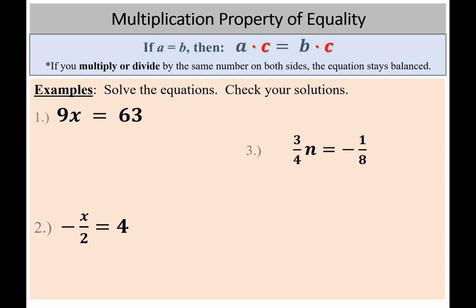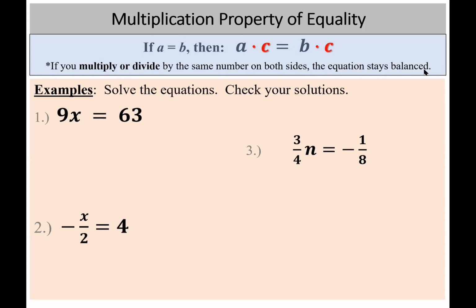In other words, the multiplication property really is the multiplication and division property. Just like adding and subtracting really go together, same thing with multiplying and dividing. So here's what the next sentence says. If you multiply or divide by the same number on both sides of your equal sign, the equation stays balanced.